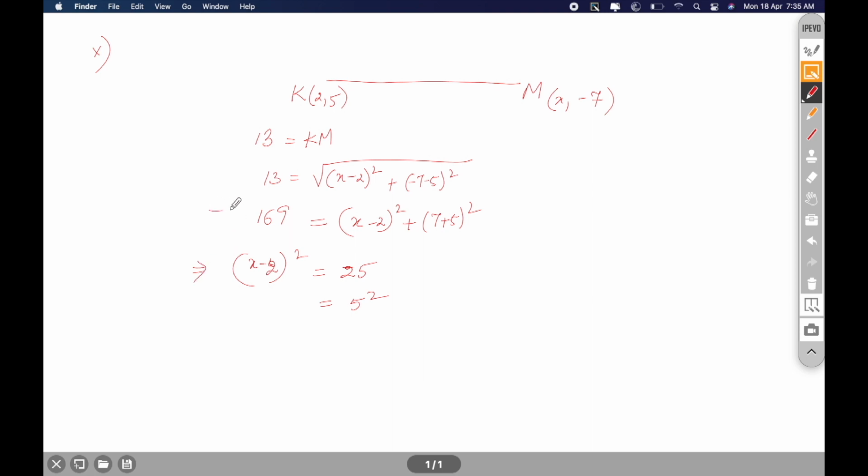So taking square root on both the sides, we have x - 2 equals plus or minus 5. So x takes the value 5 plus 2 or -5 plus 2, giving us 7 or -3. So the correct option to this question is B. So this was all about question number 1, having all the 10 parts solved.